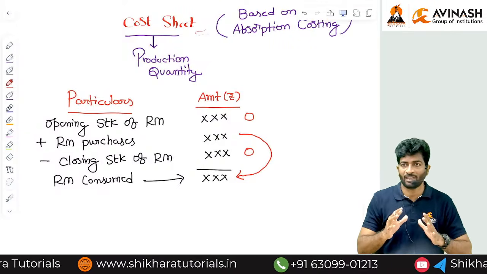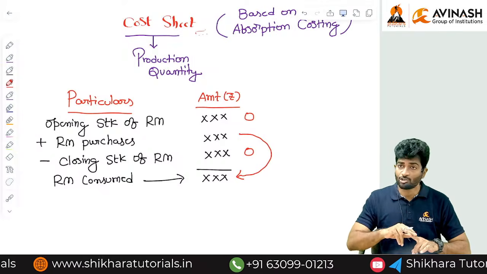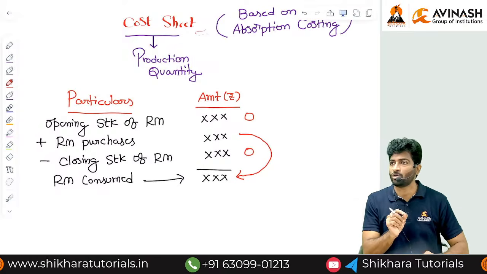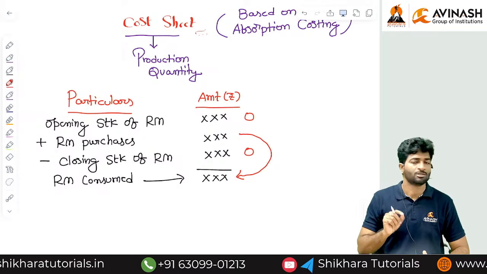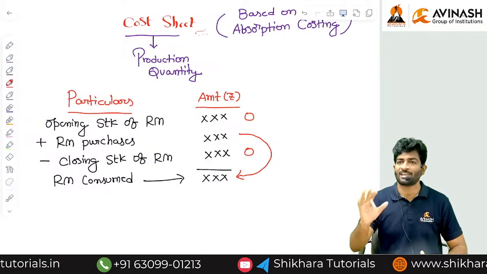It will be difficult, right? Actually, 1 lakh is your purchases, and you consume the same 1 lakh for production. So you don't know whether to write raw material purchases or raw material consumption. That is the reason they will do this: the entire 1 lakh is used for production, so let us write it as direct material.